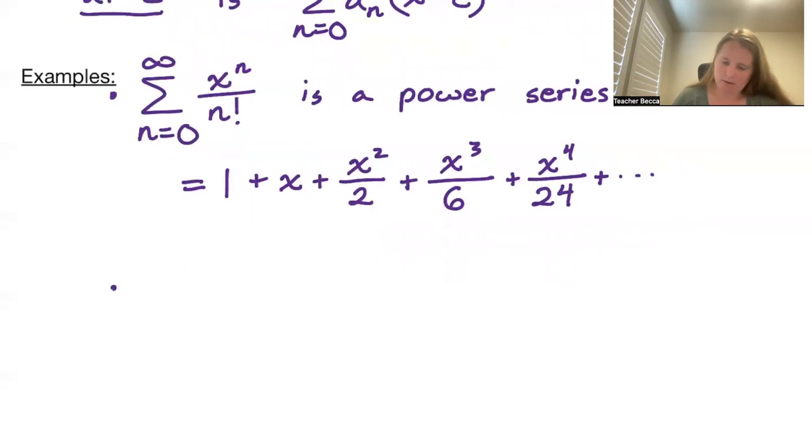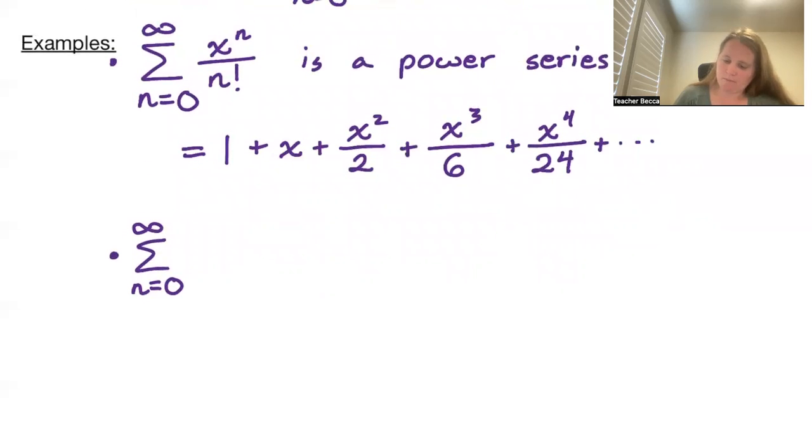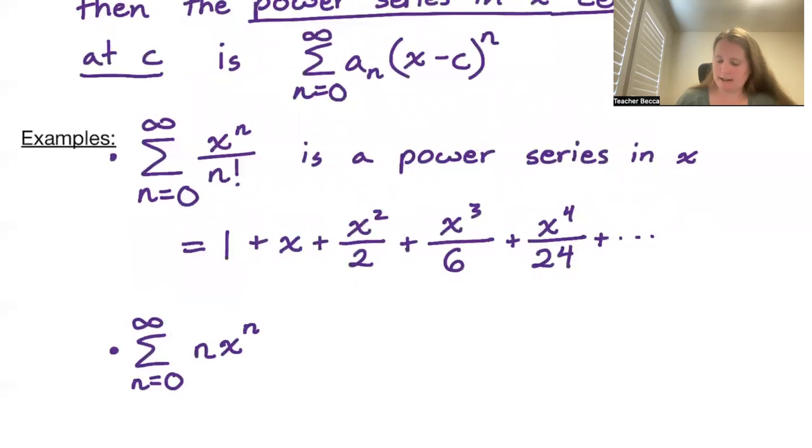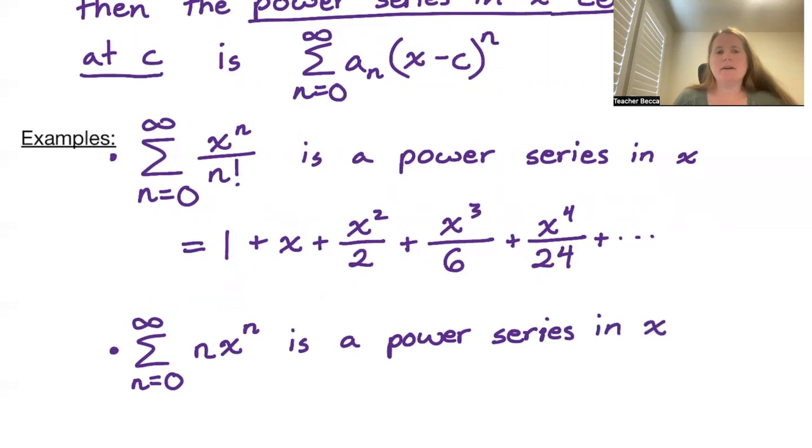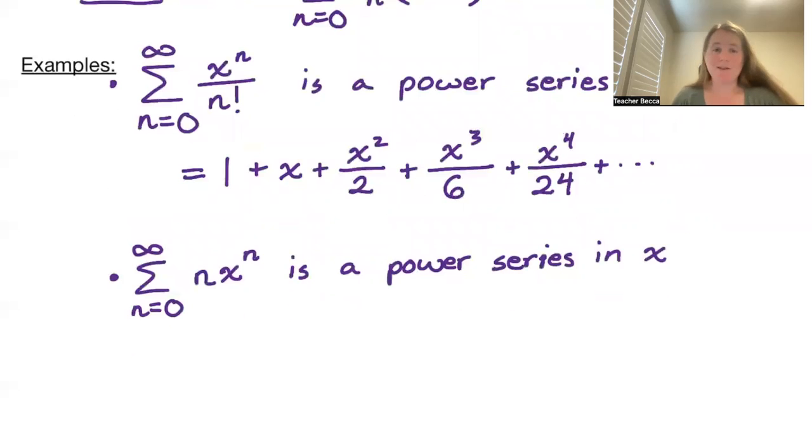Another example: we could take the sum from n equals 0 to infinity of n times x to the n. This again is a power series in x. You can think of them as infinite polynomials. It looks like a polynomial, but it has no highest degree term. It goes on forever.